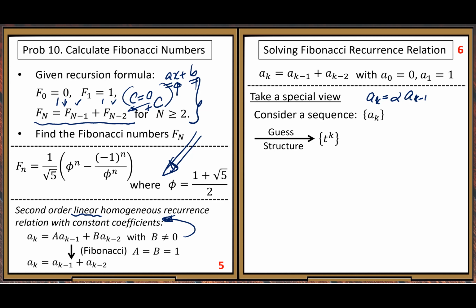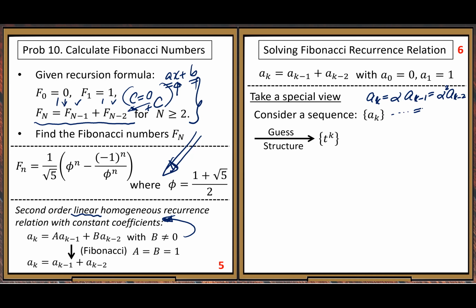If you try solving this simple case, you can find the solution easily. Think about that. If you iterate to the next round, you will get alpha squared times a_{k-2}, and so on.